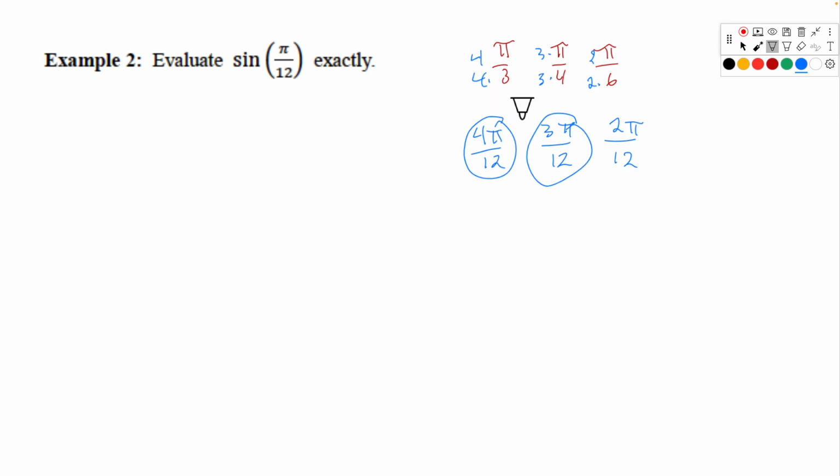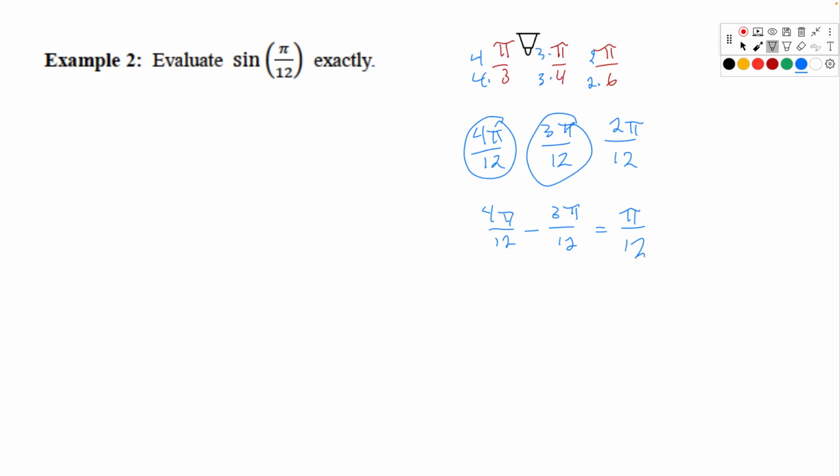which again, when we set it up, is actually going to be pi over 3 and pi over 4. Okay, if you take 4 pi over 12 minus 3 pi over 12, we get 1 pi over 12.